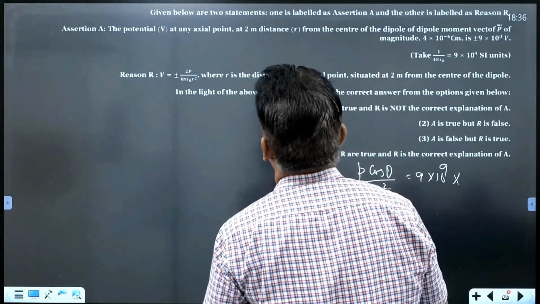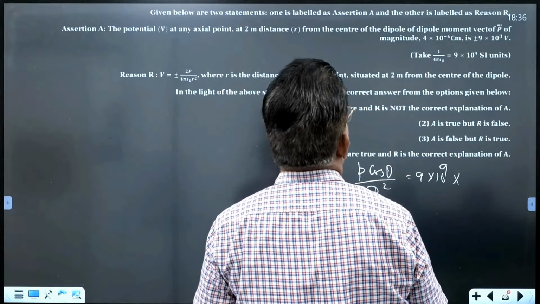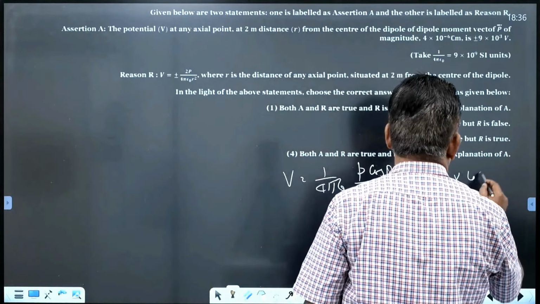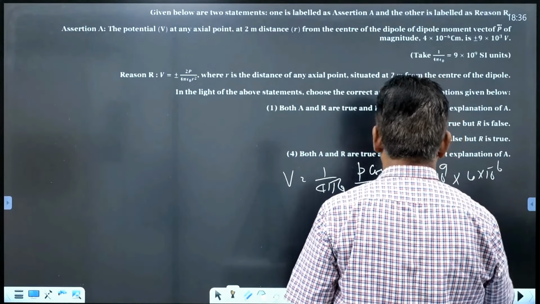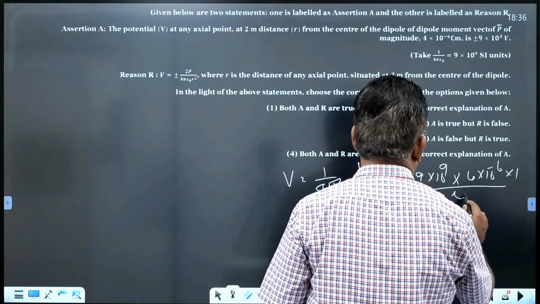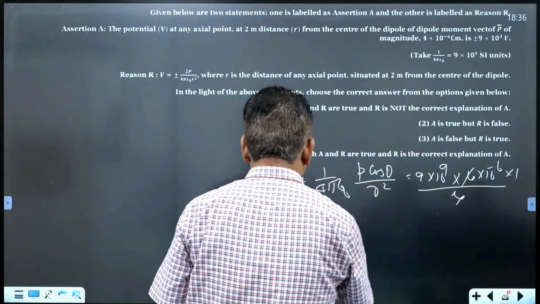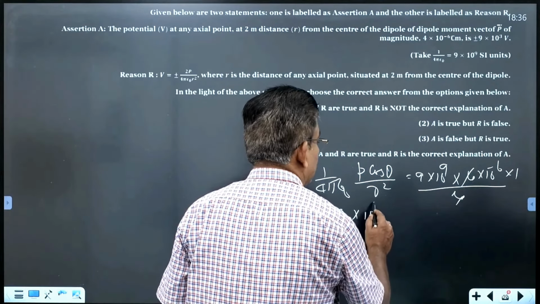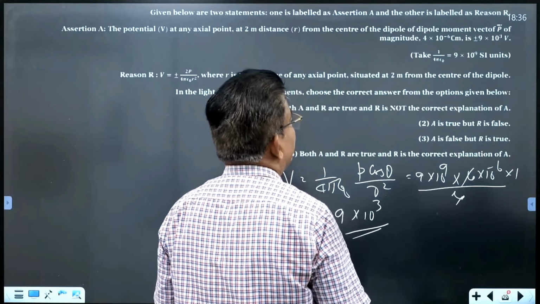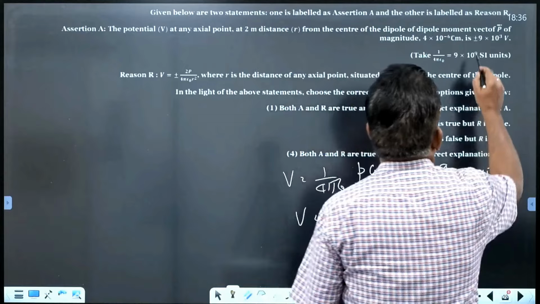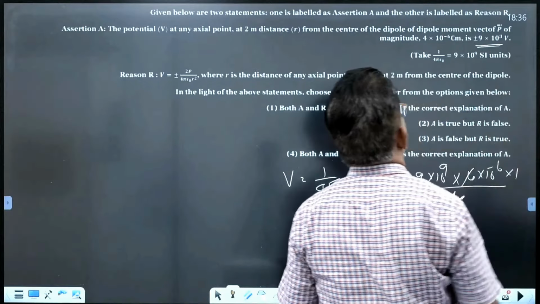The dipole moment is 4 into 10 to the power of minus 6. Cos theta is 1, theta is 0, r is 2, r squared is 4. So when you calculate, potential is 9 into 10 to the power of 3, plus or minus depending upon the charge. So this will be the correct option.